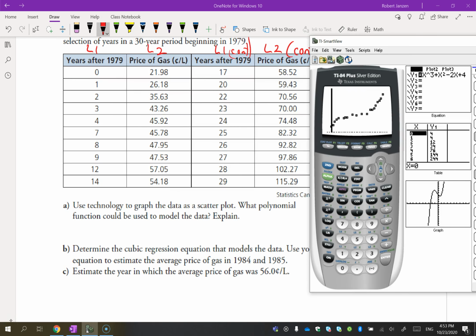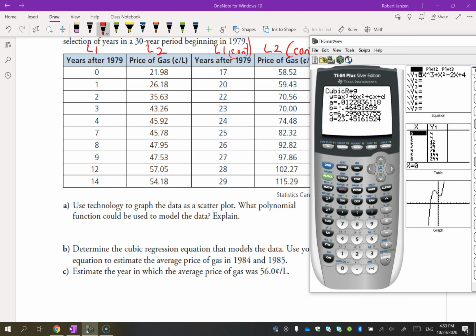So I put all the data into the scatter plot, and then went zoom 9, and this is what you get. You can see that does not look like a straight line. It does not look like a parabola. This is going to be a cubic regression. So that means we're going to find the equation, going to stat, calc, and we're going to go cubic regression number 6, and so L1, comma L2.